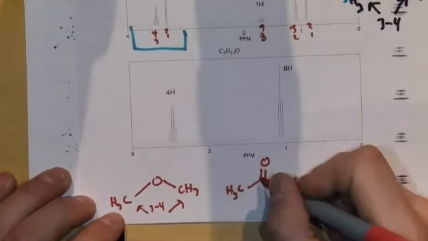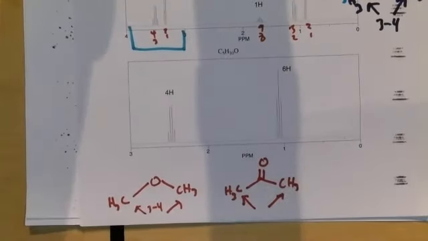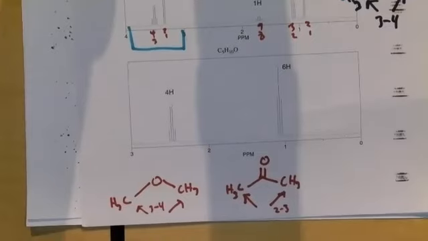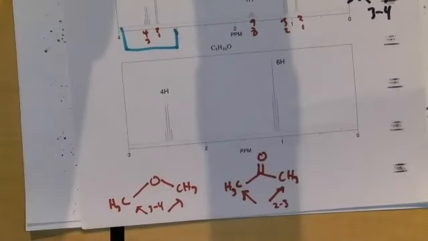The signal is going to come from these 2 here, which are 1 away. So these end up in the 2 to 3 ppm range. They're not quite just a normal carbon bond that's like in the 0.5 to 2 range. They're a little bit further down.